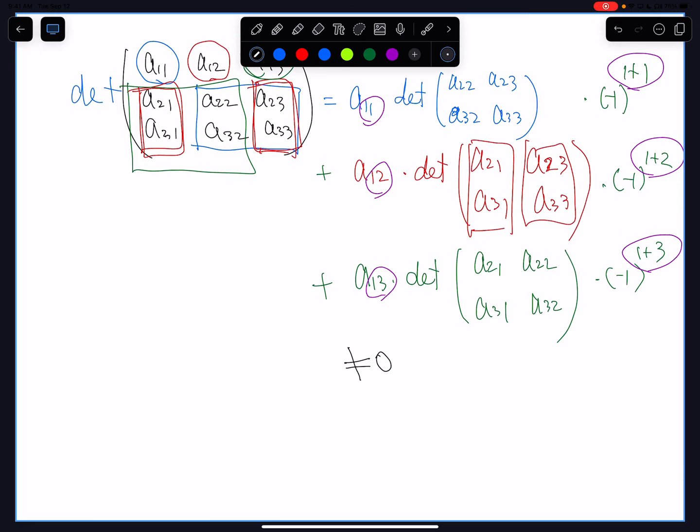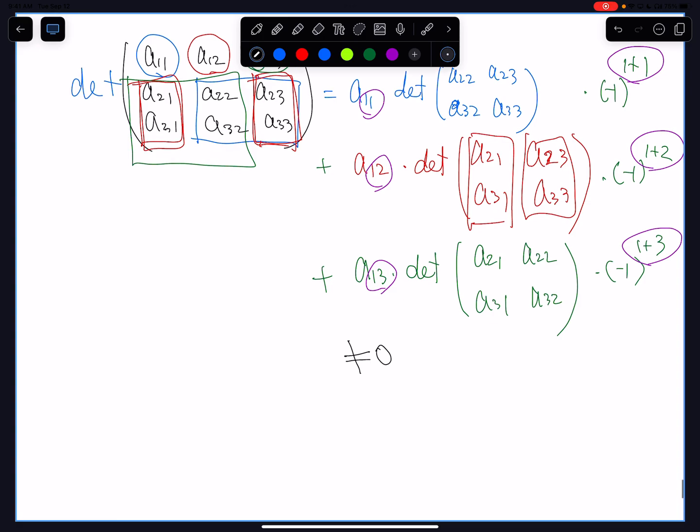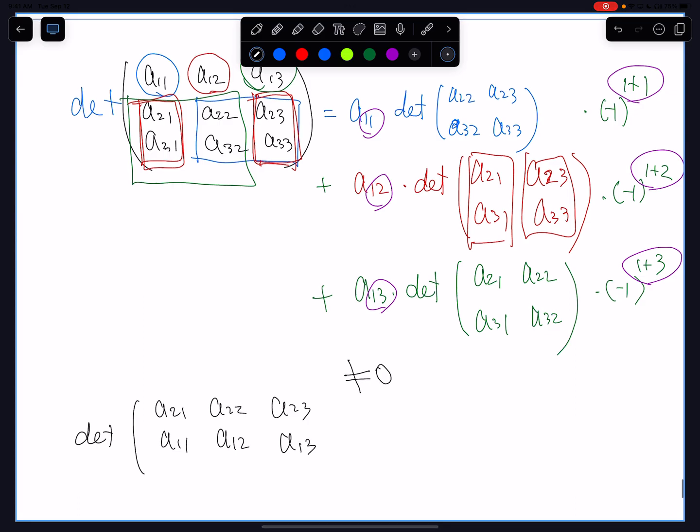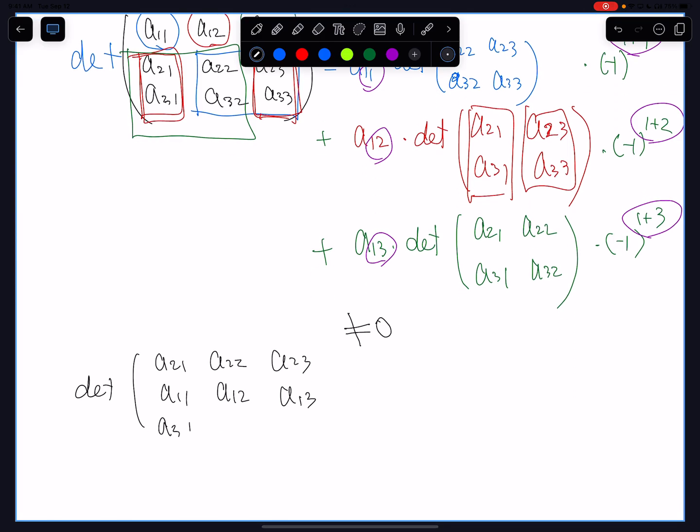And it turns out that the determinant of the matrix with rows A21, A22, A23, A11, A12, A13, A31, A32, A33.